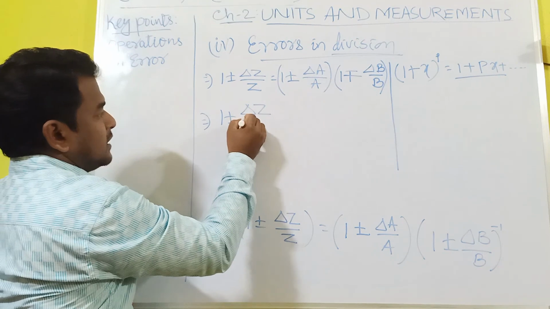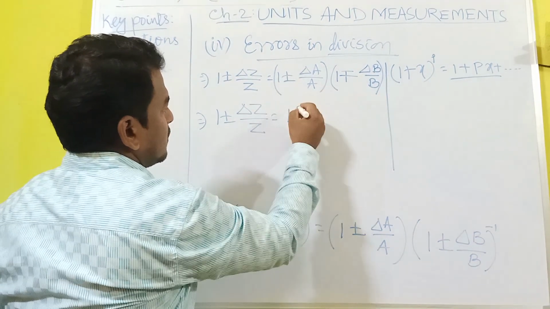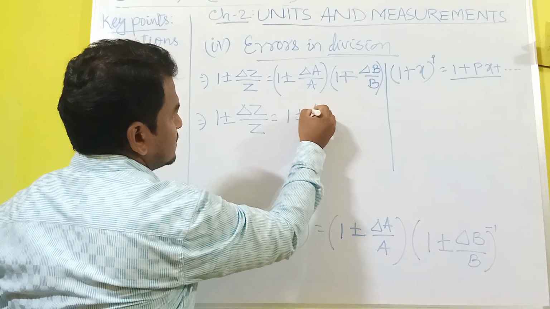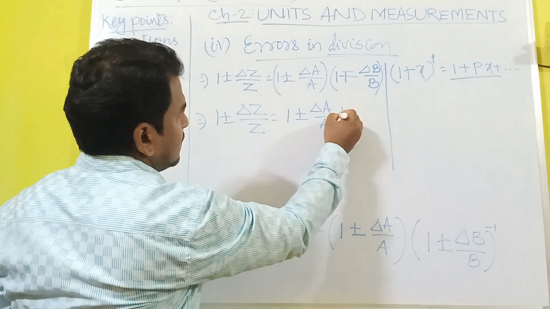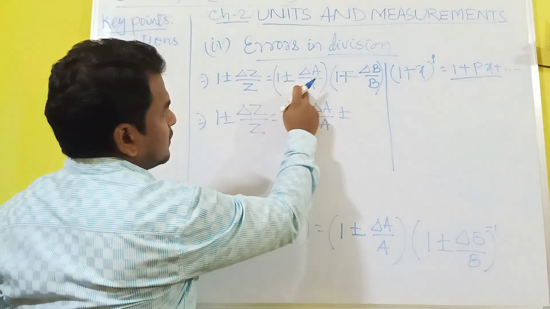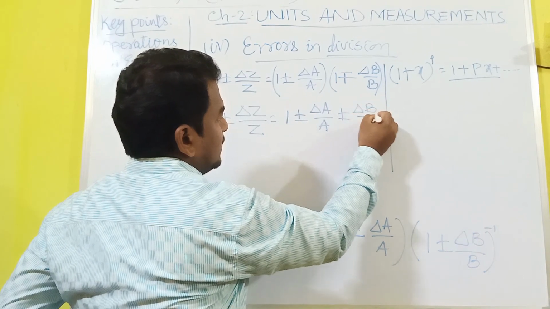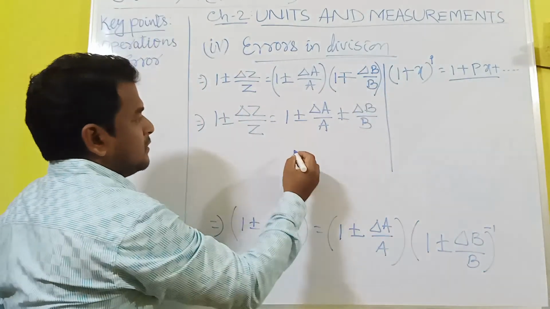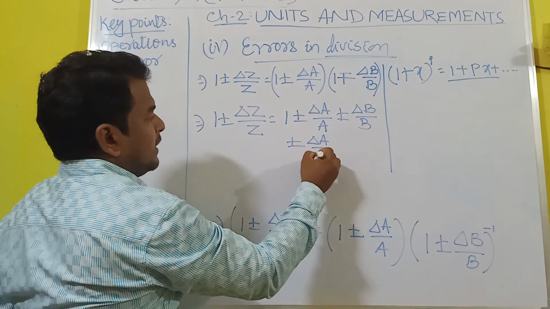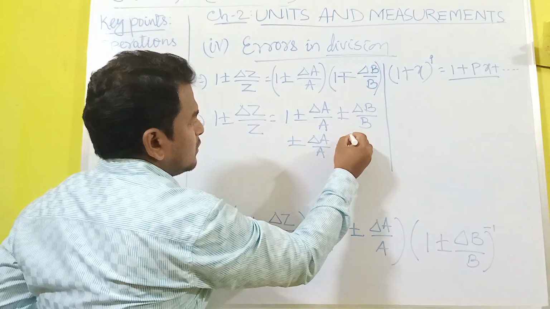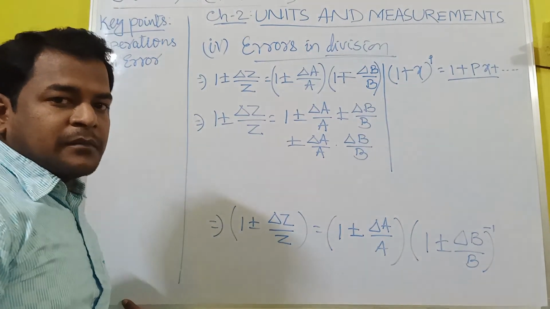1 plus minus delta z by z equal to 1 plus minus delta a by a, 1 this one, okay, then plus minus delta b by b plus minus delta a by a into delta b by b.